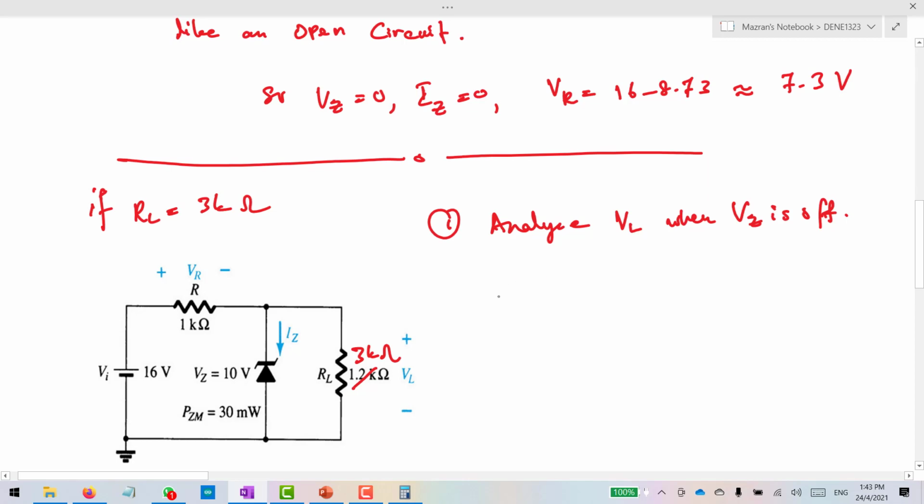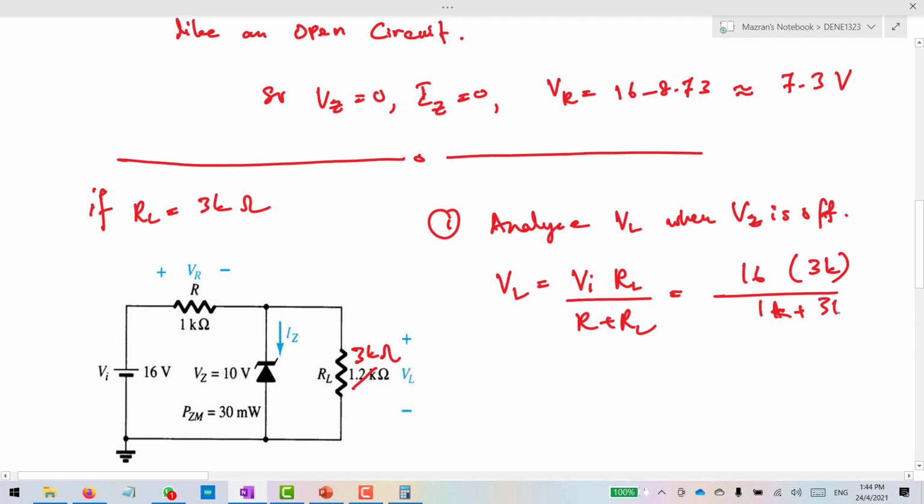So what do we have here? VL equals to V in times RL over R plus RL. So V in is 16, RL is 3K over 1K plus 3K. So it's equivalent to 16 times 3 over 4.